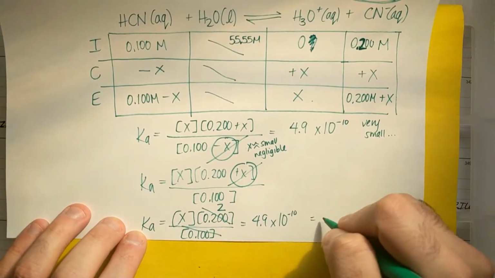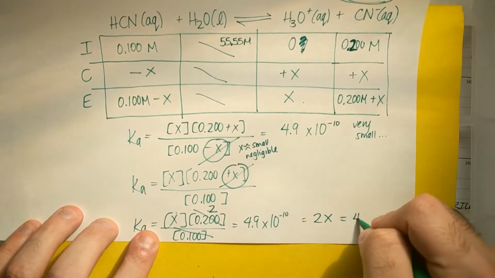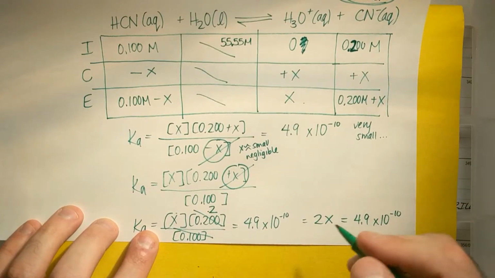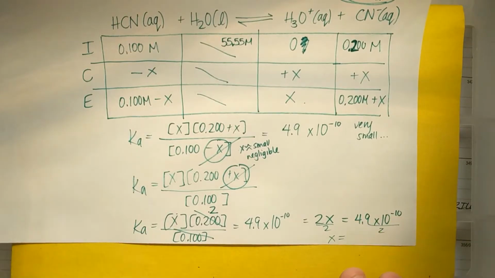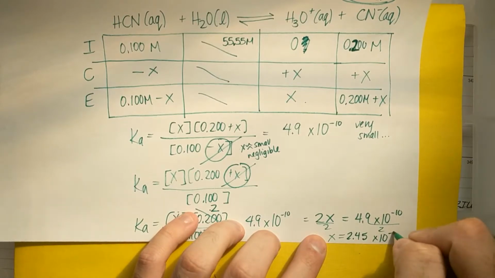So now I'll get 2x. 2x is equal to 4.9 times 10 to the minus 10th. If I want to solve for x, divide both sides by 2. 4.9 times 10 to the minus 10th divided by 2. I get x is equal to 2.45 times 10 to the minus 10th.